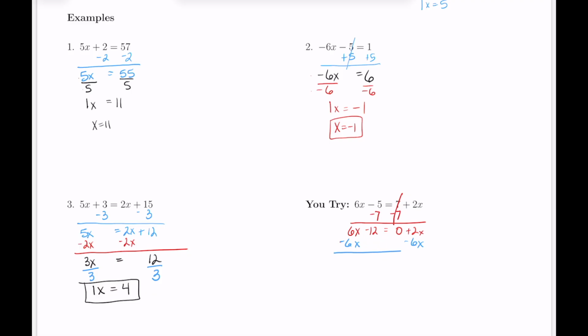Now, is this the way that I would always do it? Probably not. I like to make my addition and subtraction a little easier than this. But those do combine to be 0x minus 12 equals 0. And then 2x minus 6x is negative 4x. When you forget about all the zeros, or we kind of clean these up, I have negative 12 equals negative 4x. And then we'll divide both sides by negative 4.